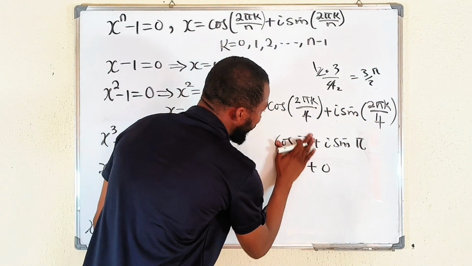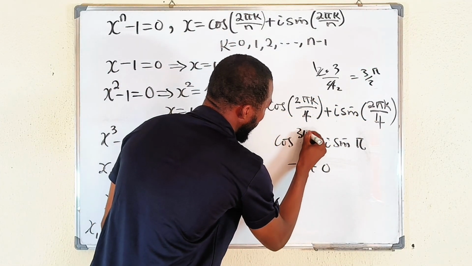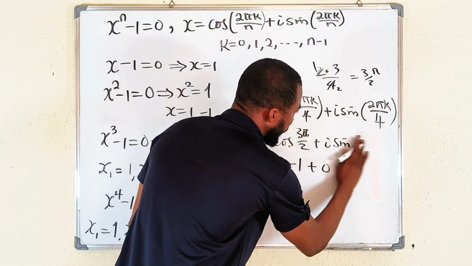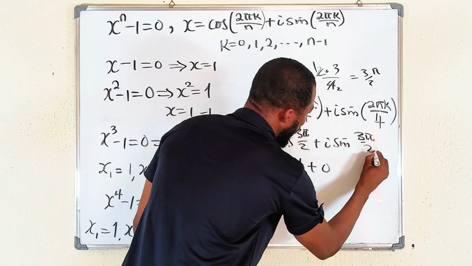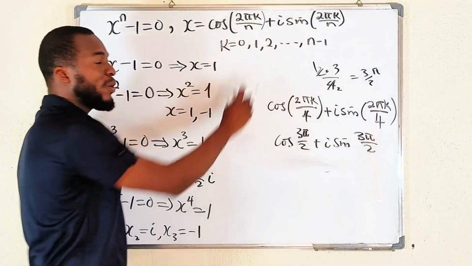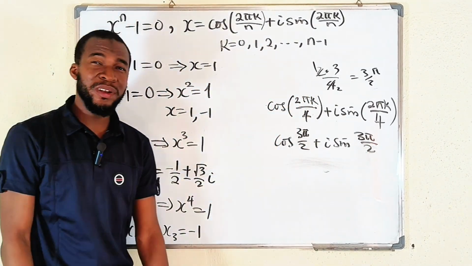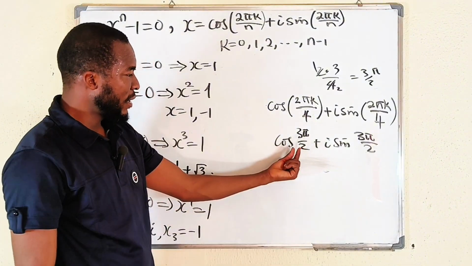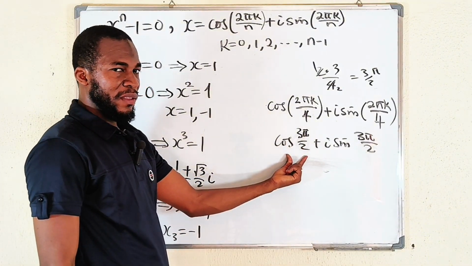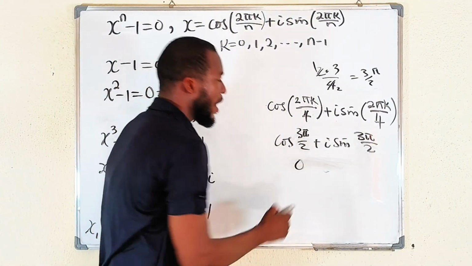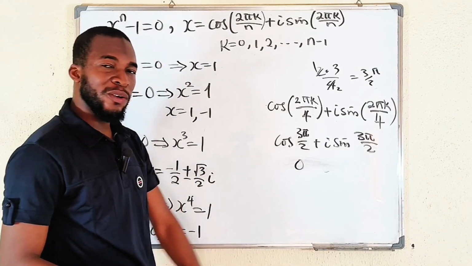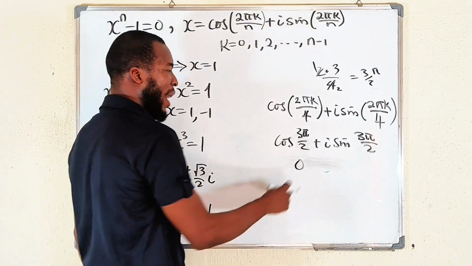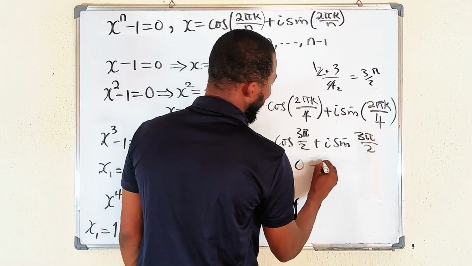So what happens if we have 3 pi over 2? You should know that this is when k is equal to 3. That is 270 degrees. Cosine of 270 degrees is 0, but sine of 270 degrees is -1 times I, which is -I.